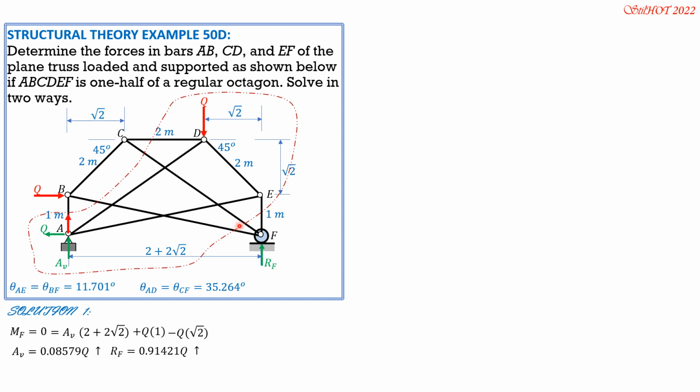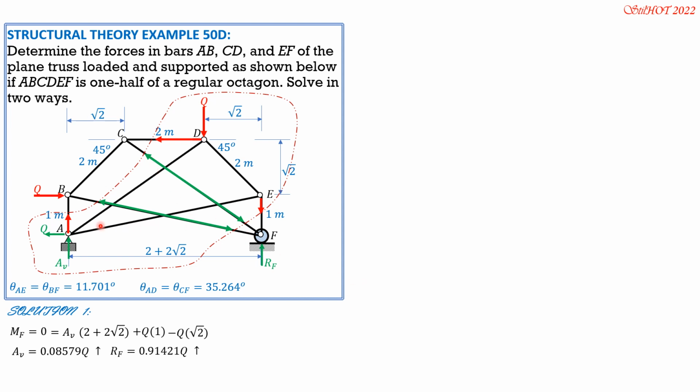FAB, FCD, and FEF are involved, the red ones. I'll show you that for these members that are cut twice, the green arrows are opposite, so don't mind them because they are cut twice.